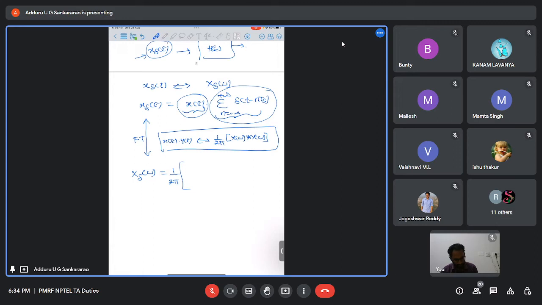The Fourier transform of x of t is X of omega, convolved with the Fourier transform of the impulse train, which I am writing directly here: the sum over n from minus infinity to plus infinity of delta of omega minus n omega s. This is the Fourier transform of the second signal.